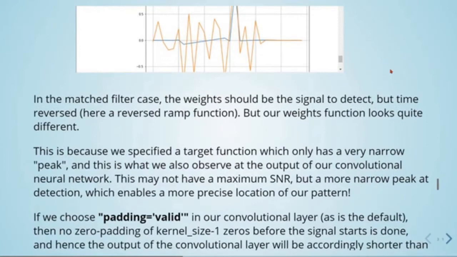So in future examples, when we are seeing convolutional neural networks as filter banks, we need to take into consideration what's the impulse response, how to read out the impulse response from the weights, but this is another topic.